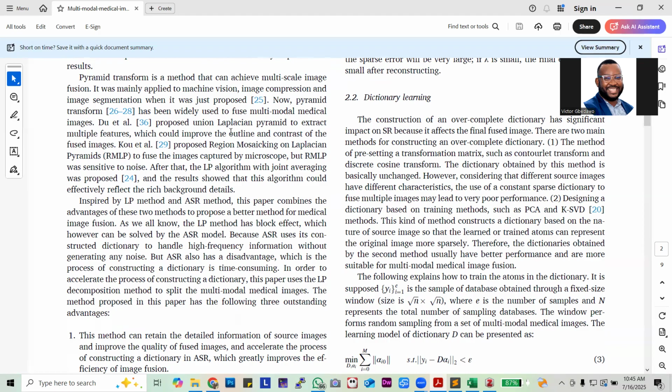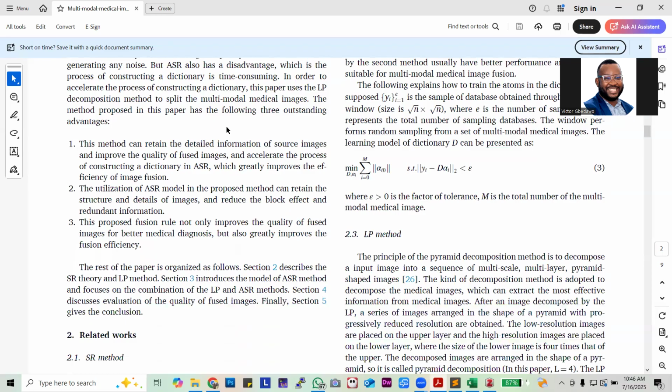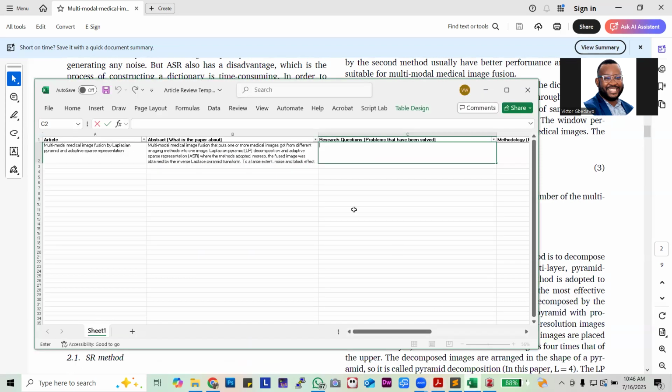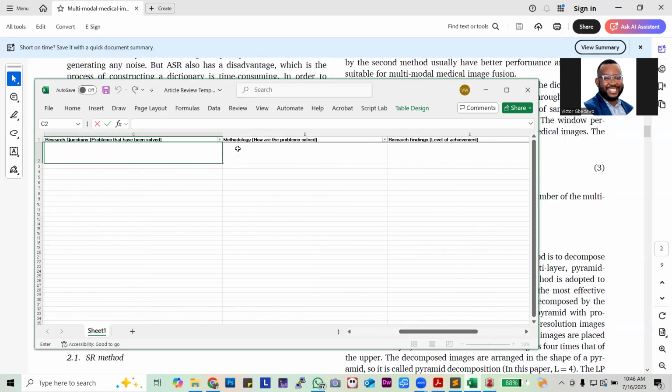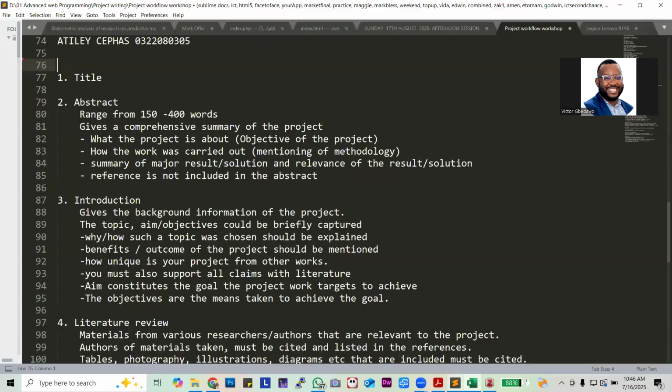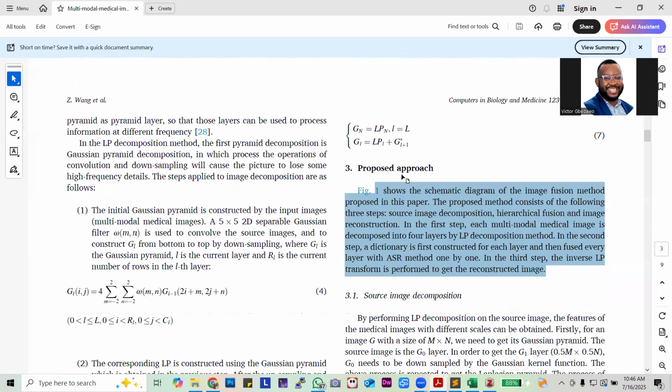Yes, but what are they actually doing? So you see that they didn't categorically state what the paper was about. So this is another problem. Okay, I did not explain. So here, you might not get any research questions. So here, we'll get a methodology because already they have stated that they use the LP and the ASR methods to do it based on what they proposed.